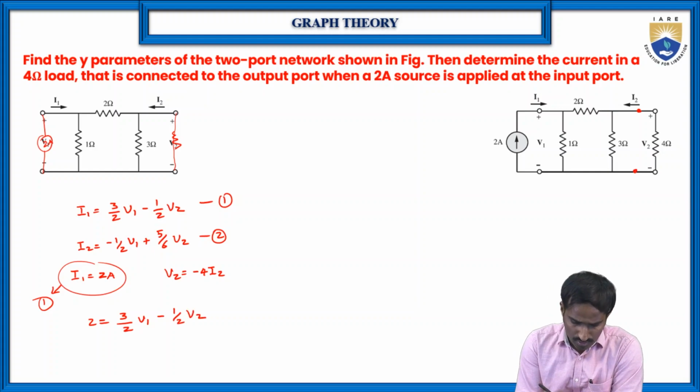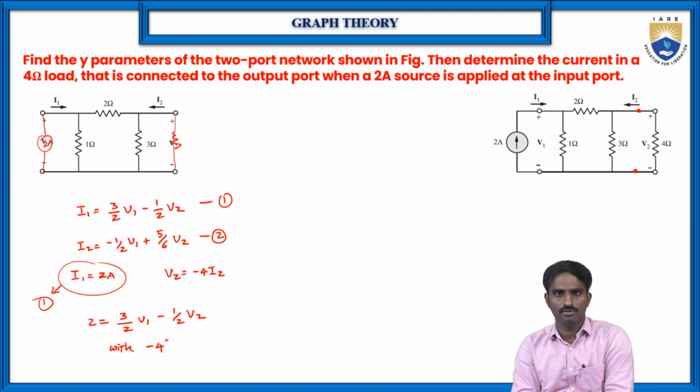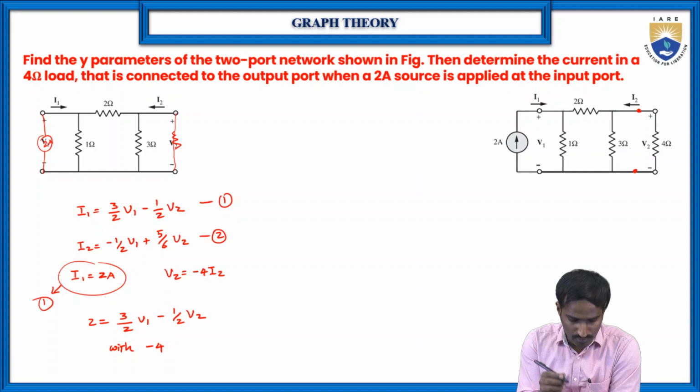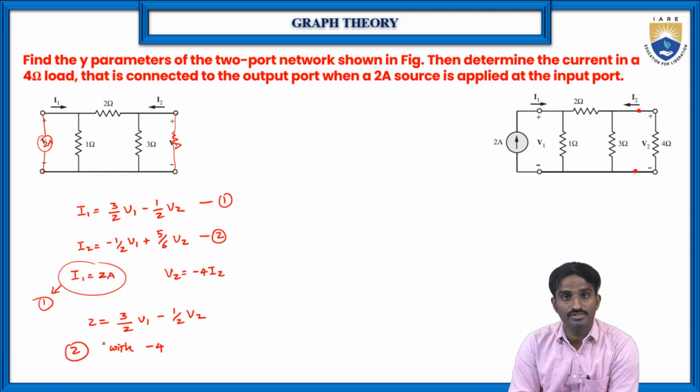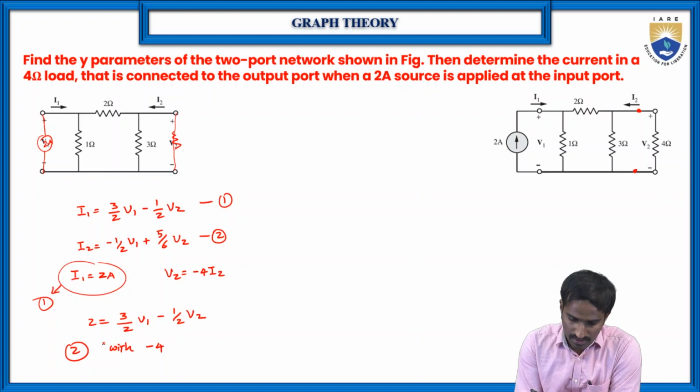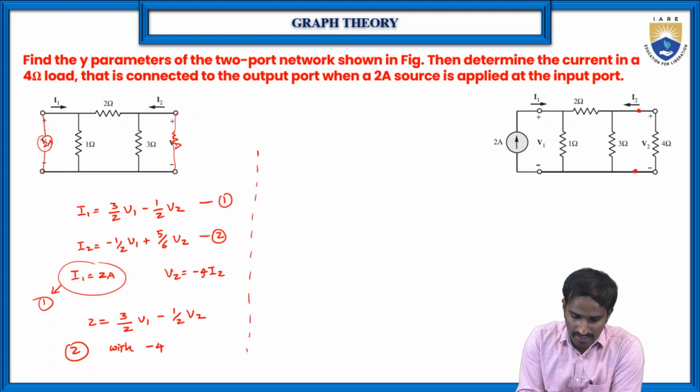Now multiply the second equation with 4, because here we have minus 4 I2.